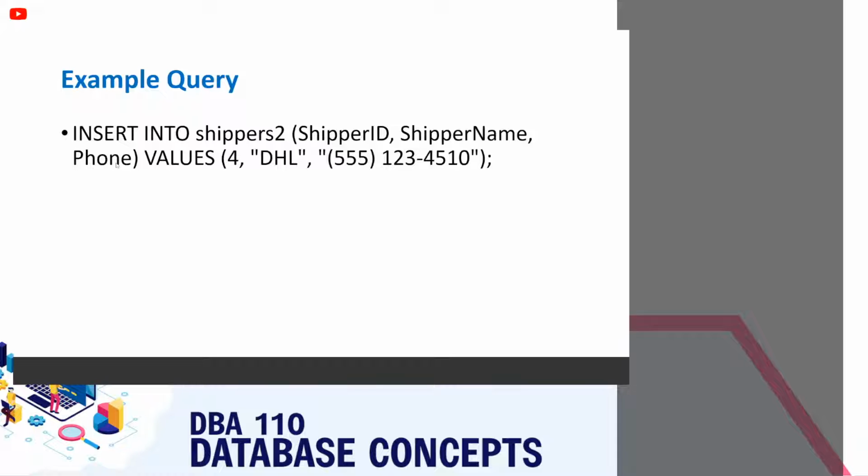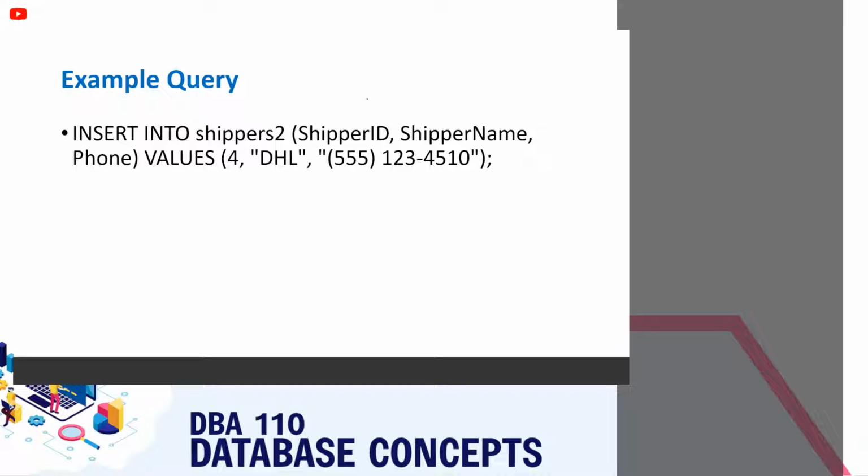If I flipped that around and had phone first, shipper ID second, and shipper name third, it would work just fine, so long as the values were in the same corresponding locations. It's just matching the order to know which column to put the data value in.